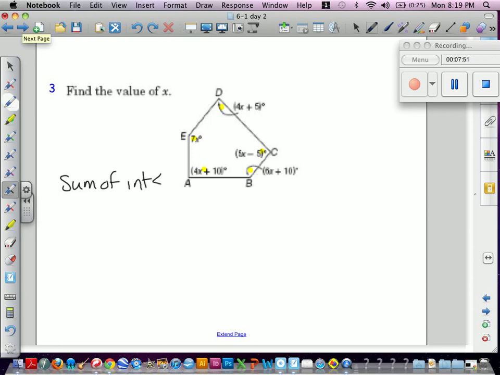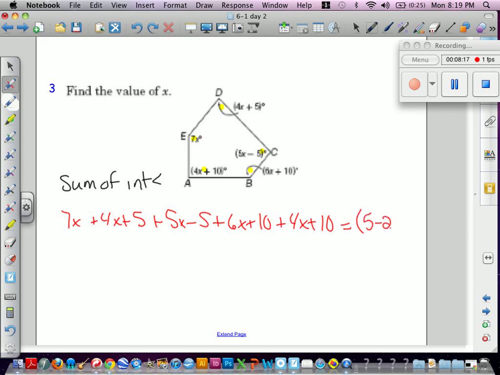I'm going to add up all my interior angles: 7x plus 4x plus 5 plus 5x minus 5 plus 6x plus 10 plus 4x plus 10. That equals, I have 5 sides, so 5 minus 2 times 180. That's my formula for the sum of the interior.